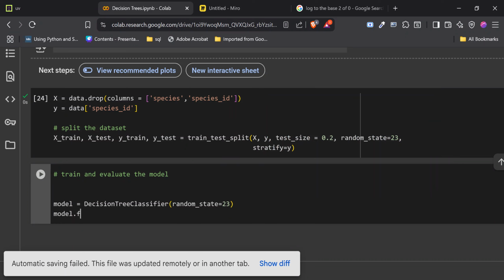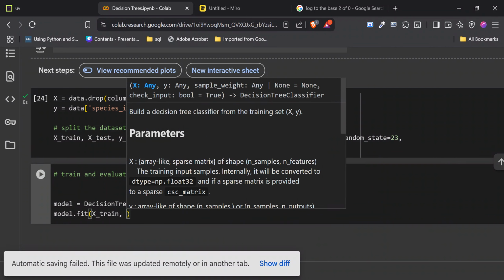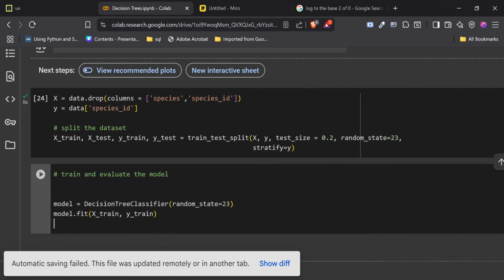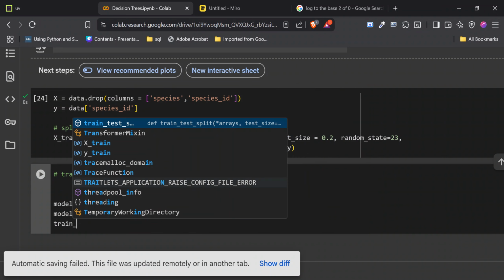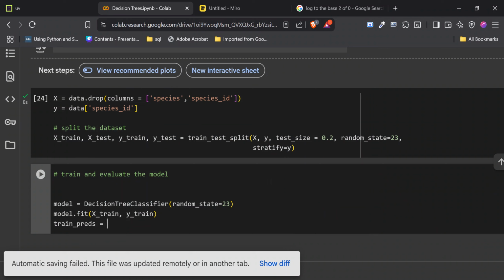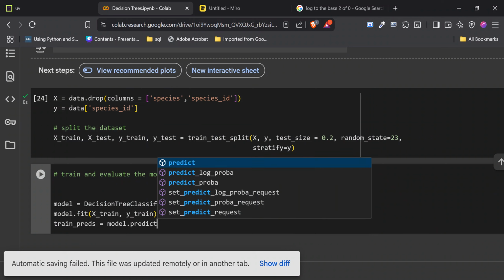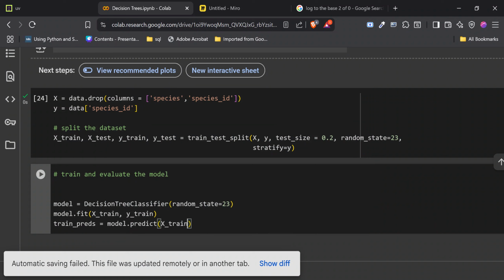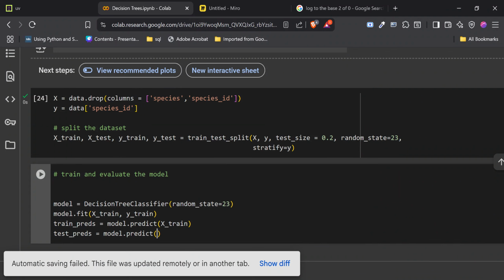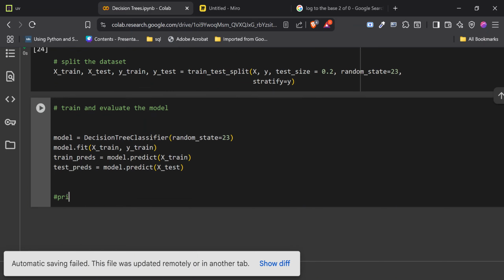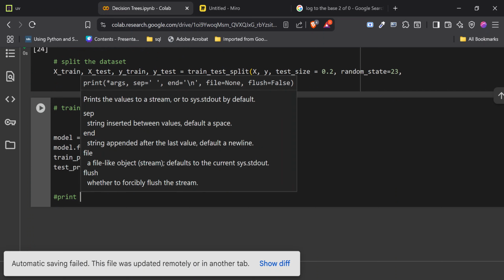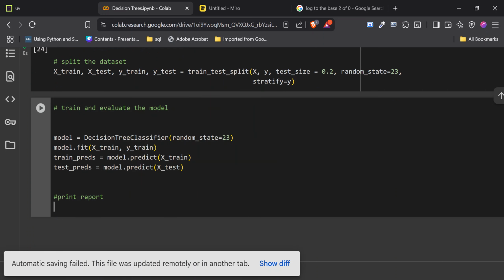You can say model.fit(x_train, y_train). Then you can do train_pred equals model.predict(x_train), test_pred equals model.predict(x_test). Then we can print the report.